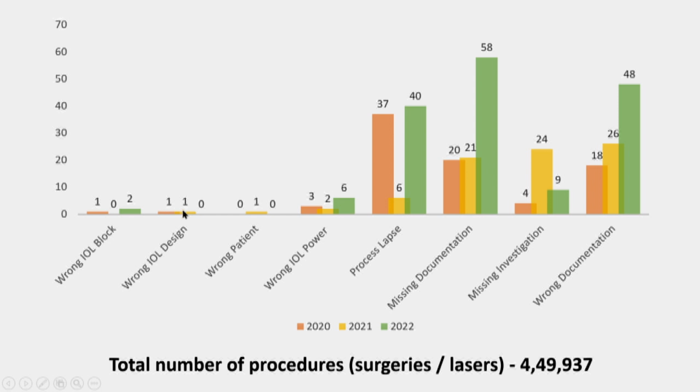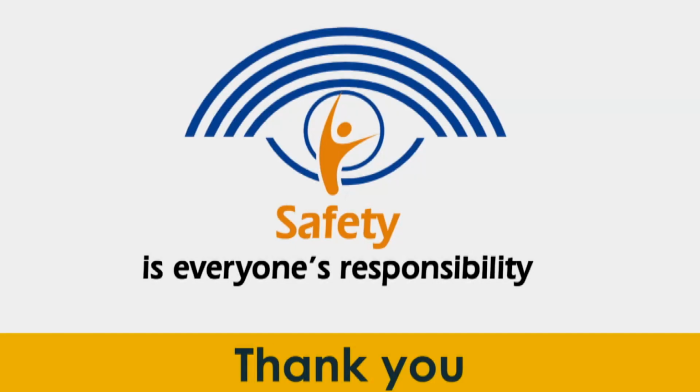There was a wrong IOL design: in the first 2 years, each year had 1 patient, and we had a wrong patient because both patients had the same name, but fortunately it was the same eye and the same power, so it did not cause a problem. Wrong IOL power: last year there were about 6 patients who got a wrong IOL. And these are all near misses, missing documentation, missing investigation, wrong documentation. I think these are all over a period of 3 years out of 450,000 procedures.